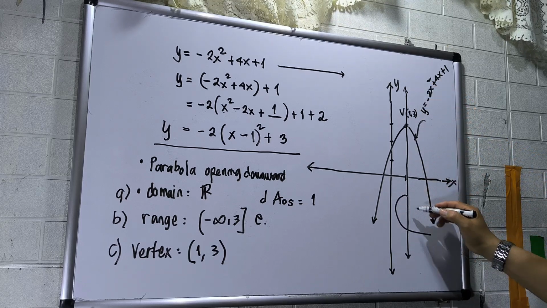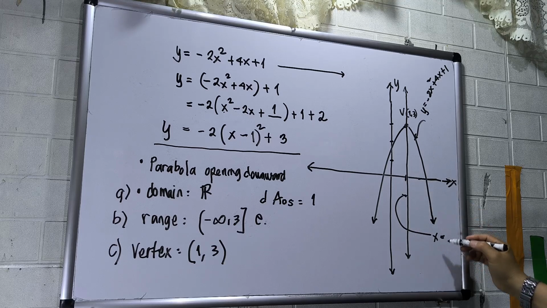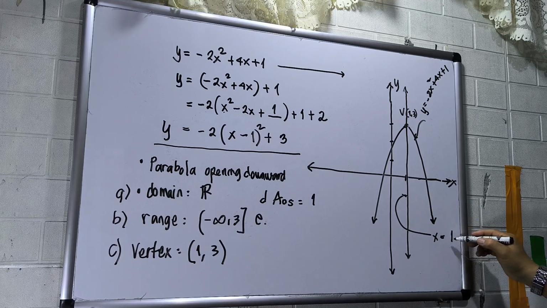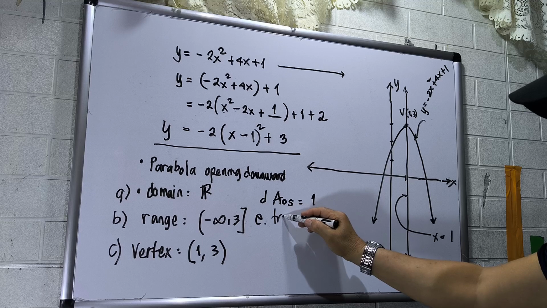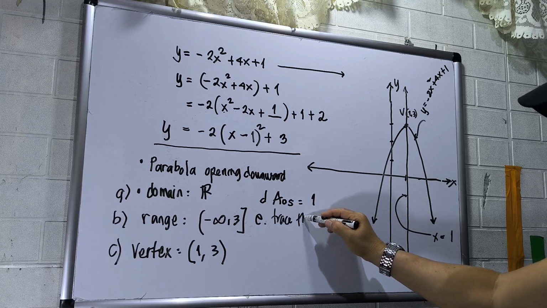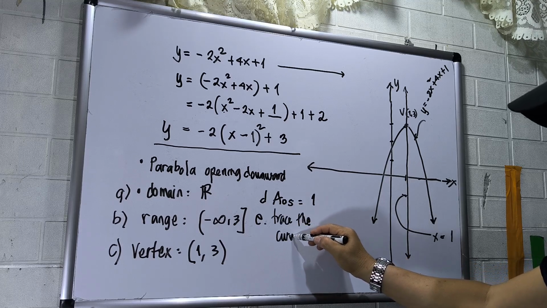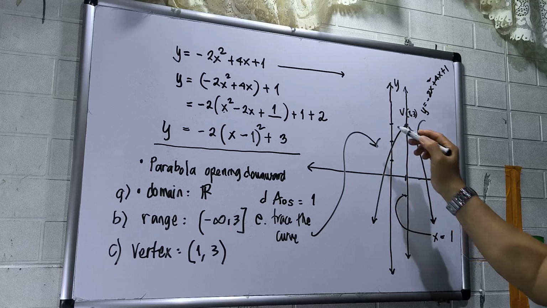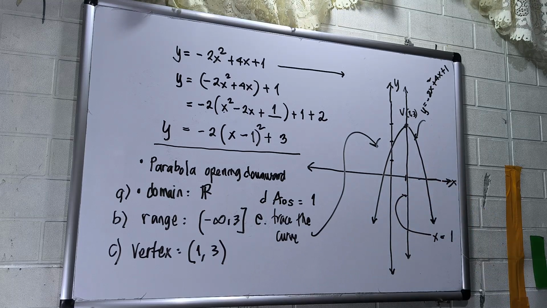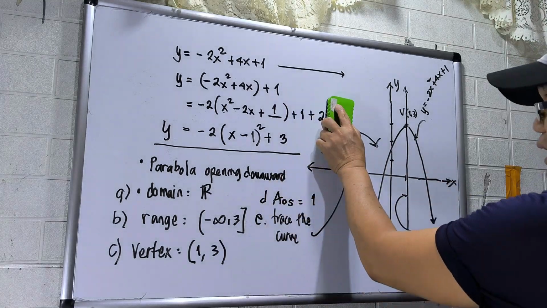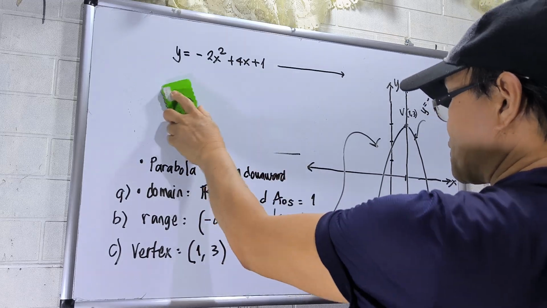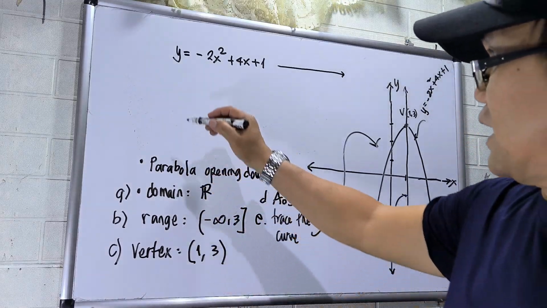This will be x is equal to 1. Okay, this is trace the curve. So this is the curve. Then let us check if we can use another solution to find h and k.